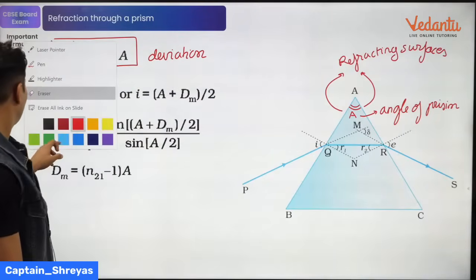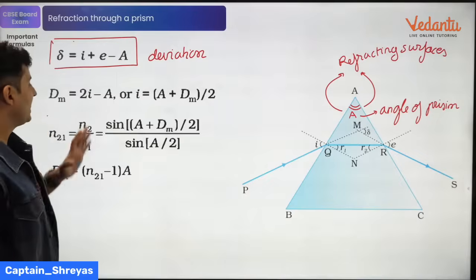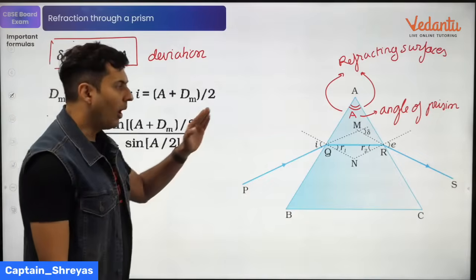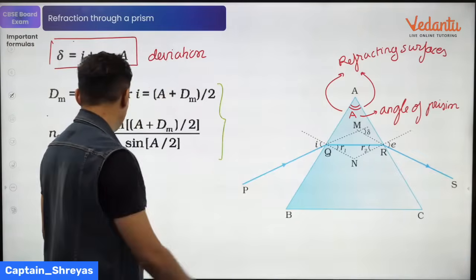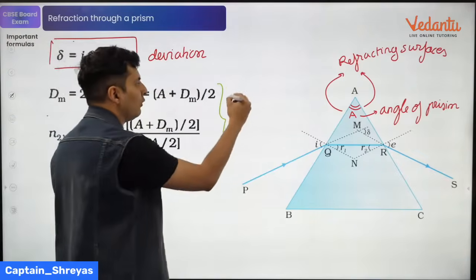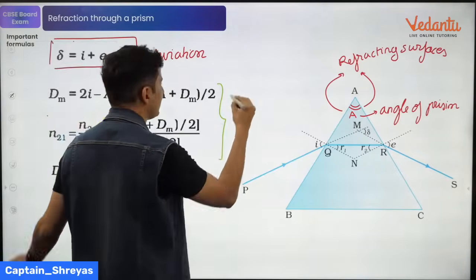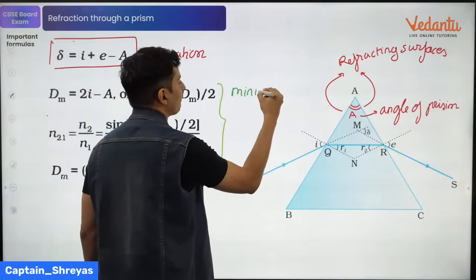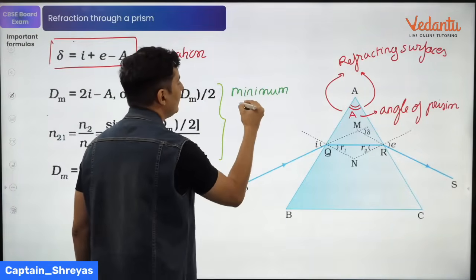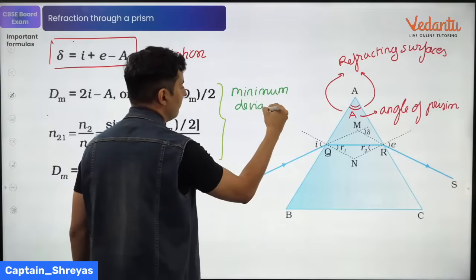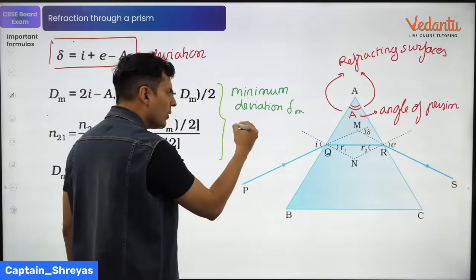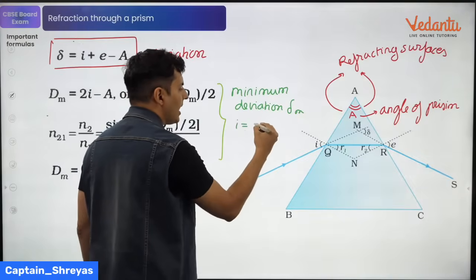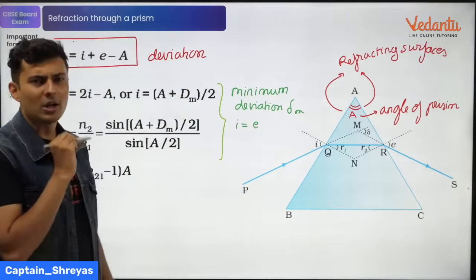Now, if by chance you want minimum deviation, then here is the condition, guys. For minimum deviation, which I will call delta m or dm, you will see the incident angle and the emergent angle are both equal.